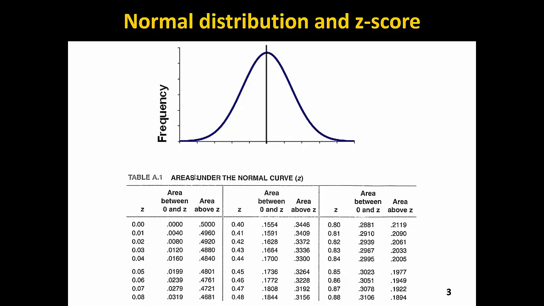We have our z-table, which is a measure of what's called the area under the normal curve. What you see here is the typical normal curve that we've observed previously. We know that the normal distribution, or the normal curve, is centered at 0, which is where the mode, median, and mean of our sample reside.